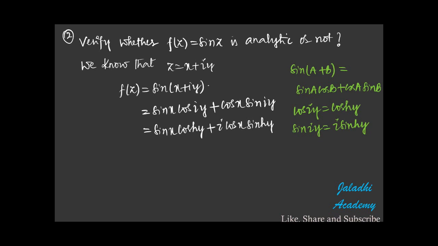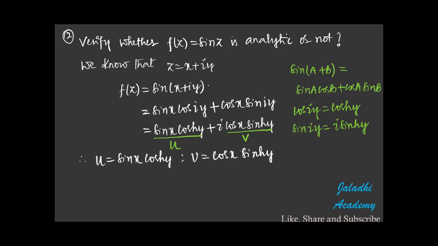On comparing, we call this the real part u, and the one multiplied with i the imaginary part. So u is equal to sin x into cos hyperbolic y, and v is equal to cos x into sin hyperbolic y.